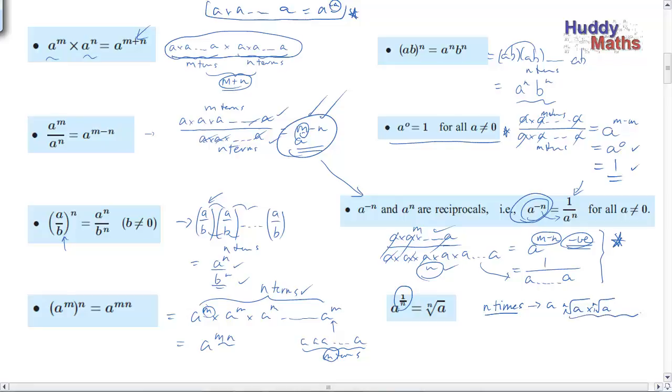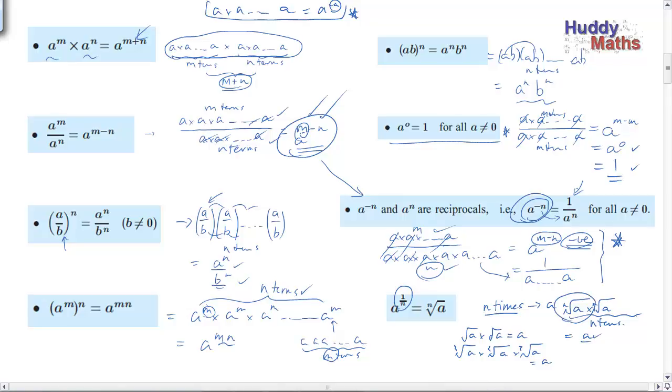If you do it so there are n terms, this comes back to a. The square root of a by the square root of a is a. The cube root of a by the cube root of a is a. This is the definition of the square root and cube roots. So the nth root of a times itself n times gives a.